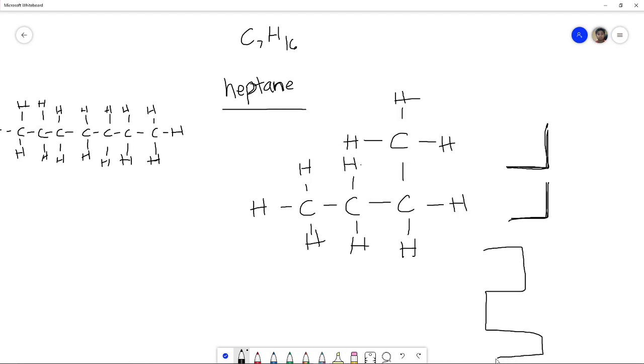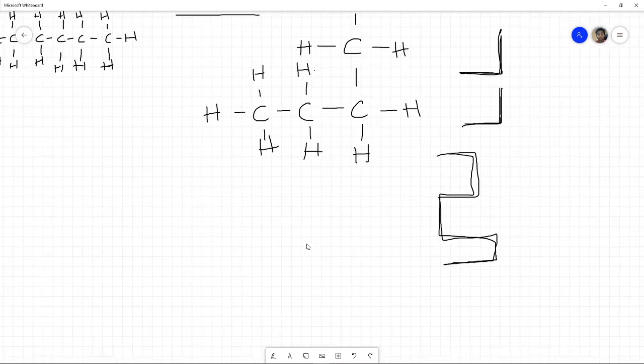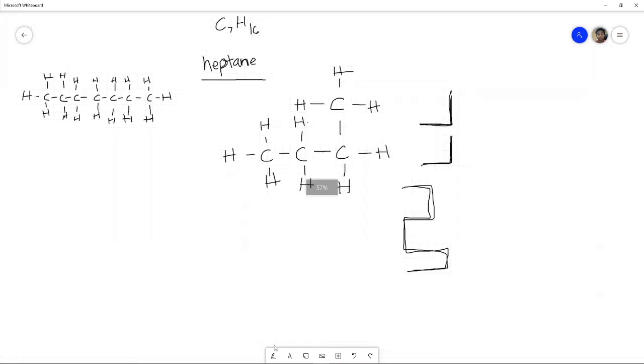In this case there are four carbons, so this would be known as butane. Even though it is branched, it's still called butane because we have a continuous stream of carbons.